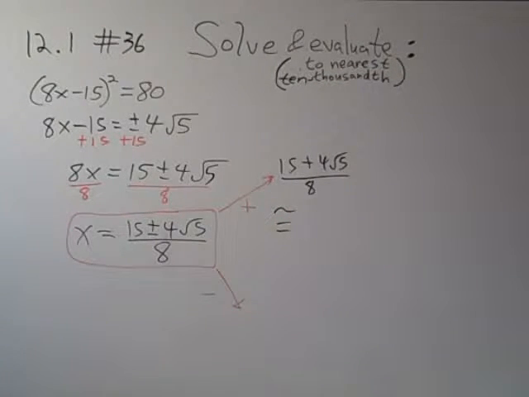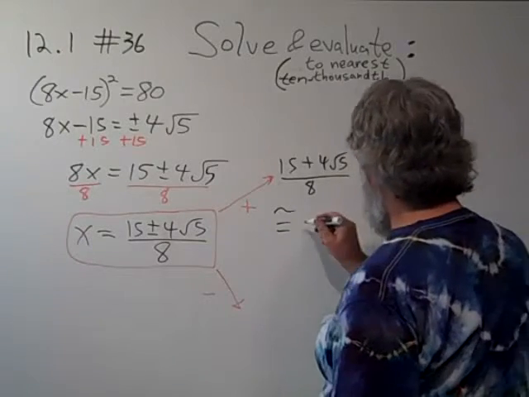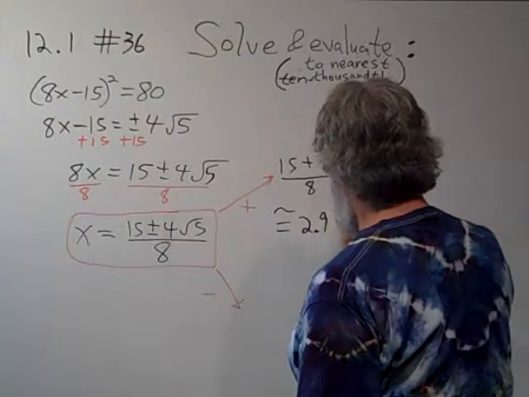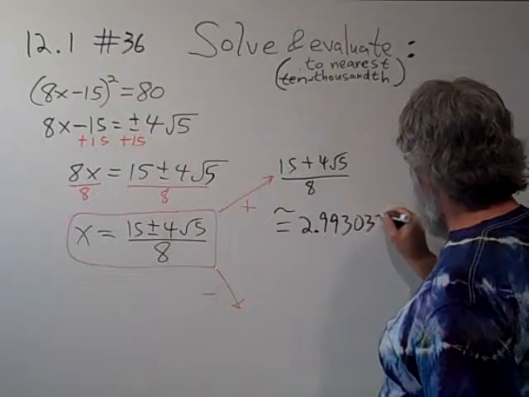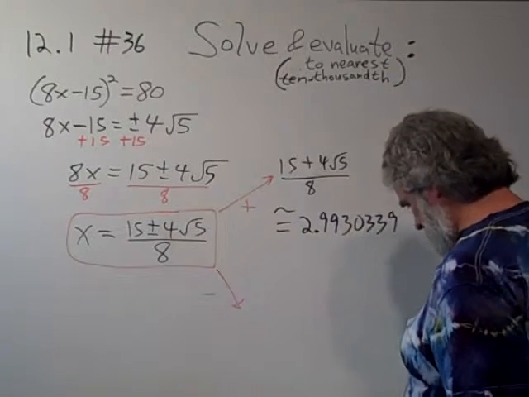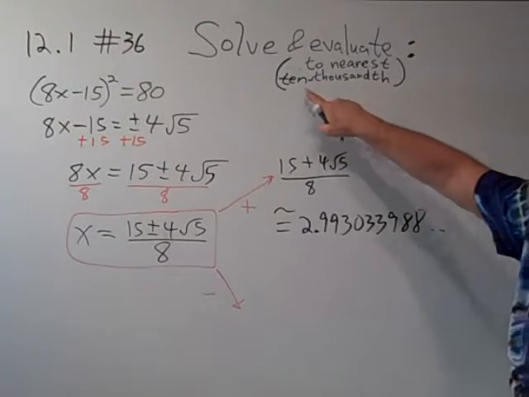I take the square root of 5, multiply by 4, then add that to 15, and then divide by 8. I get 2.9930339 88. It keeps going, but we only need to round this off to the nearest 10,000th.